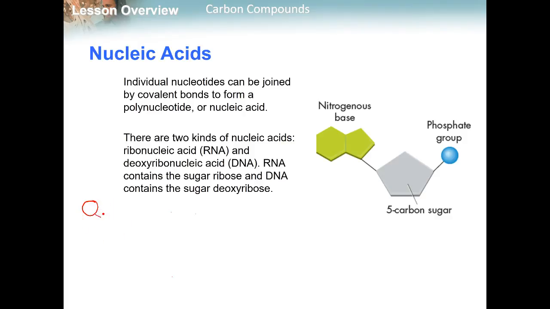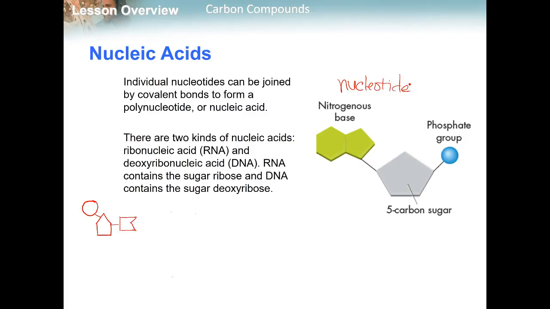It is chemically combined with a sugar, a pentose sugar, a 5-carbon sugar, and then it has some kind of base attached to it. So the sugar, the phosphate group, and the base make up what we call a nucleotide.